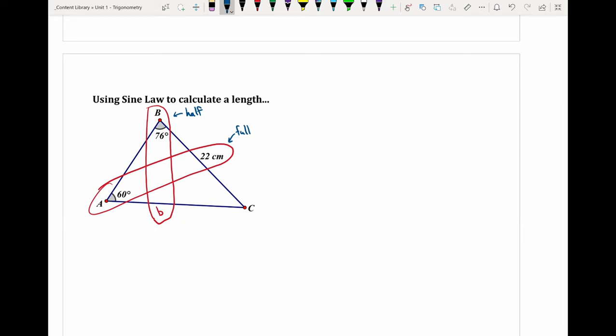Now that we have all this information, I can use my sine law to calculate my length. I'm going to write out my full sine law formula, and I'm going to show you what I mean by how we don't need to use all of it. So this is the full formula for the sine law, but as you can see by this triangle over here, I don't have any information for this C pair.